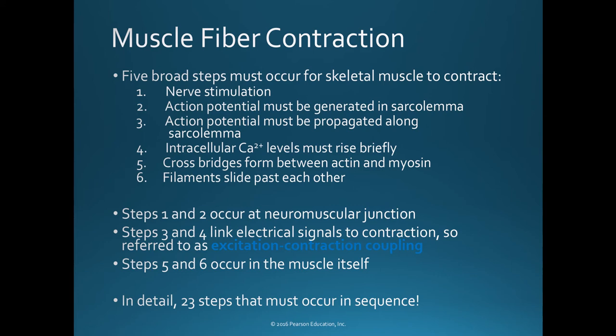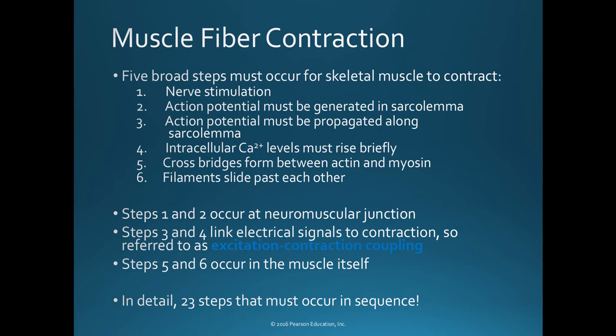That leads to the levels of calcium increasing inside the skeletal muscle cell. That calcium acts as kind of an inhibitor, or it takes away the inhibitor. So we get what we call a crossbridge, a connection between our thin and thick filaments, and then the filaments slide past each other and overall shorten each sarcomere, which then leads to an overall shortening of the skeletal muscle fiber itself.